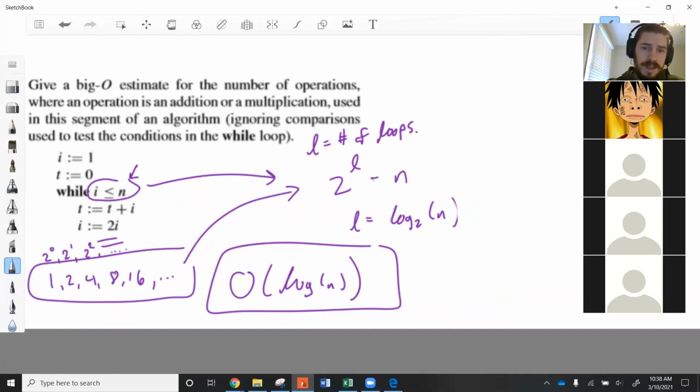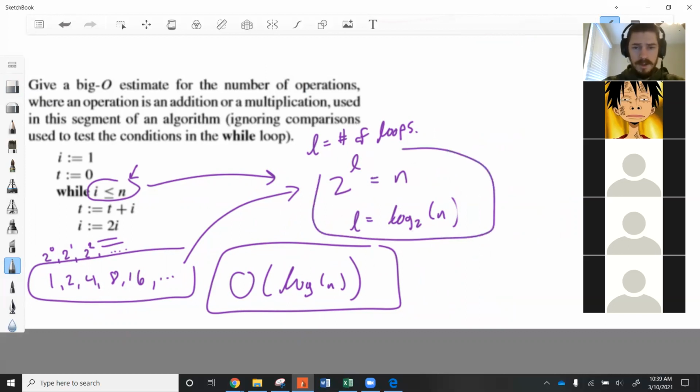I'm going to get rid of the nitty-gritty details and just keep the gist of it right here. To me, this is very mathematical. We're starting with 1 and doubling it, so we've got exponential growth. The question is, when does that get bigger than n? That's the trigger that causes the while loop to end.